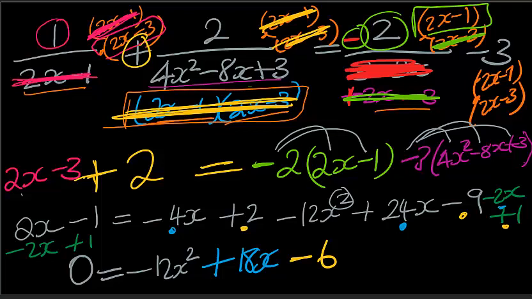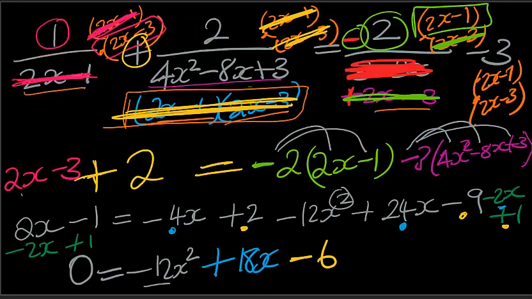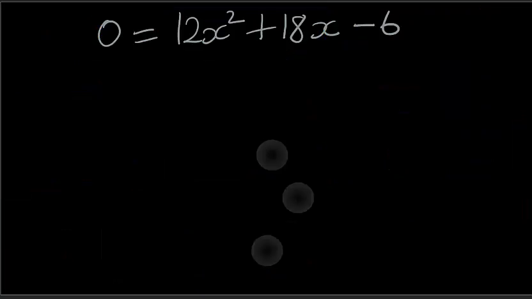Okay, so let's go to a new page. And what we've got is 0 is equal to minus 12x squared plus 18x minus 6, right? Let's just confirm it's minus 12. So what is the common factor we can take out?